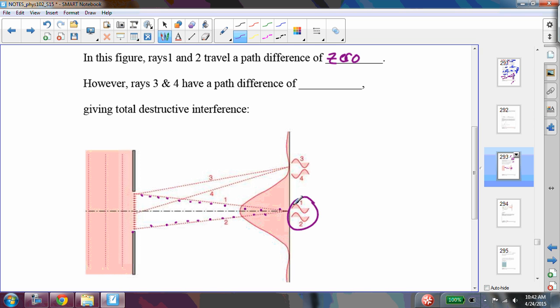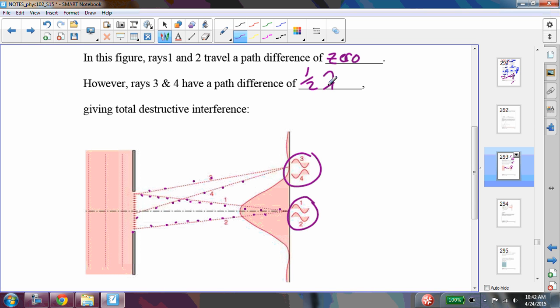When they get here, they're going to have a path length difference of 0, and they're going to be completely in phase. Whereas paths 3 and 4, if they travel this distance, when they come up here, they're going to be out of phase because they're going to have a path length difference equivalent to half a wavelength. And that's why you get a dark spot there, because they experience destructive interference.